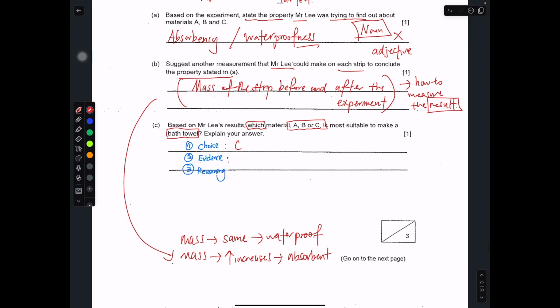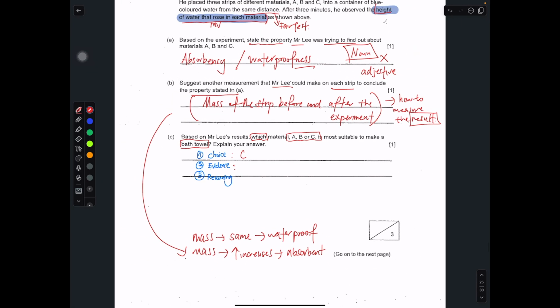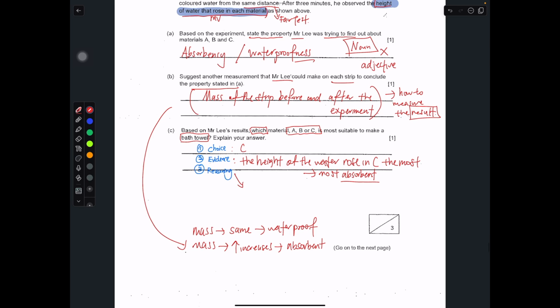Okay, so you can do it this way: the height of the water rose in material C the most. So it is the most absorbent. Then you conclude that it is the most absorbent. So for the reasoning, you can say a bath towel should be made of the absorbent material.